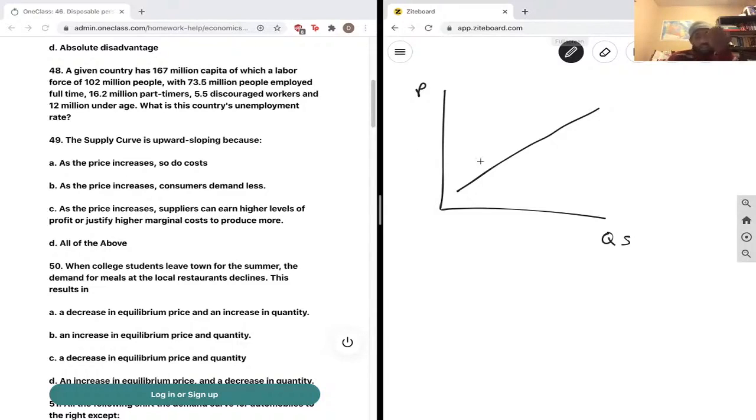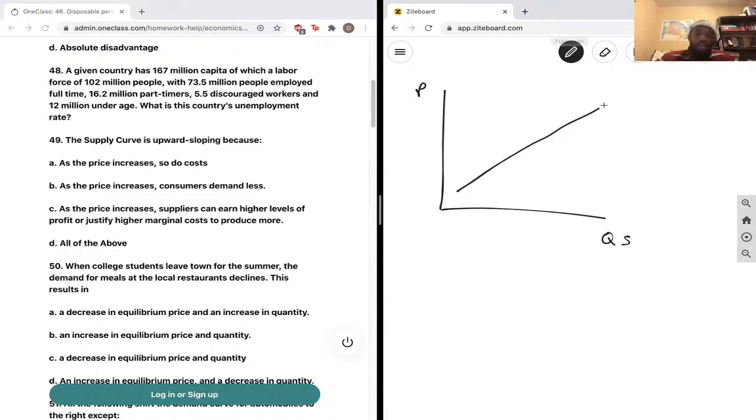And as price increases, they're supplying more. Price multiplied by quantity supplied would be their revenue. So P multiplied by Q. If P is being multiplied by Q, that equals revenue. As this graph goes up, total revenue should be increasing as well.